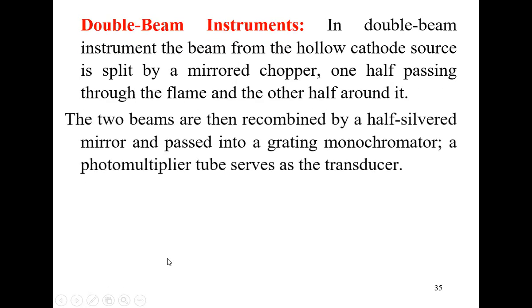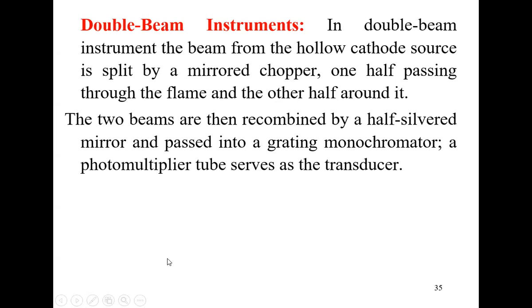Unlike single beam instruments, in double beam instruments the beam from the hollow cathode lamp source is split by a mirrored chopper, one half passing through the flame and the other half around it. The two beams are then recombined. You can then compare the two beams: one goes through 50% of the time to be detected, the other where 50% of the light goes through the sample, and then a comparison is made.